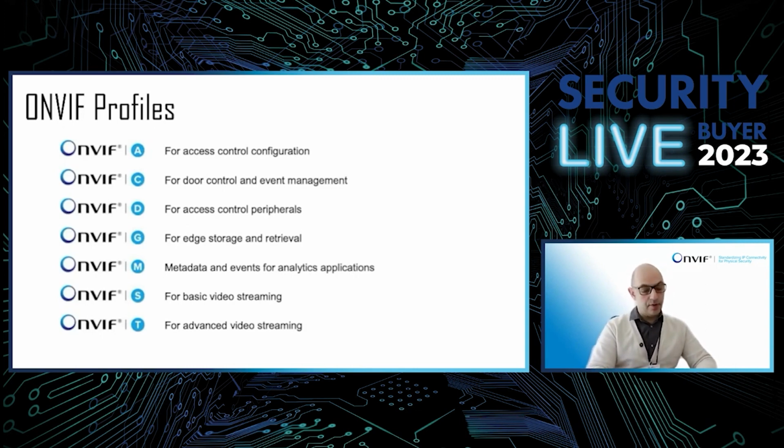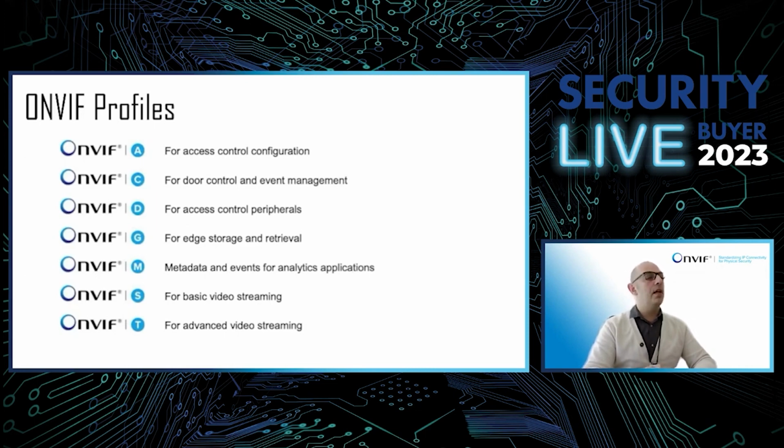Last year, ONVIF also introduced the concept of add-ons. So what is an add-on and how is it different from a profile? Add-ons specify a set of features that fulfills a use case, but add-ons are slightly more flexible than profiles and hold a smaller set of functionality than a profile.